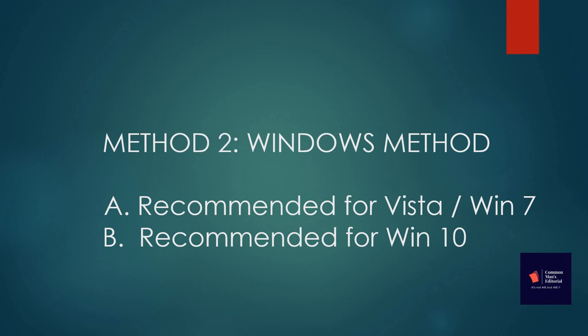There are some users who are still using the Vista or the Windows 7 version of the operating system, right? And the next one which I'm going to explain is recommended for Windows 10 users. So let us go with the first approach, method 2A, which is recommended for Vista or Windows 7.